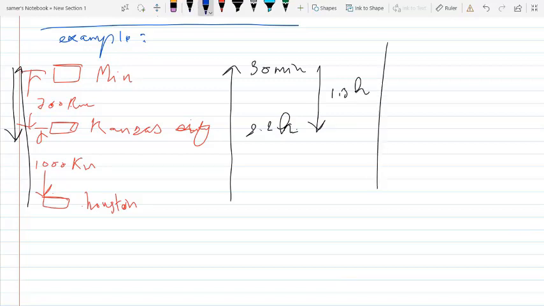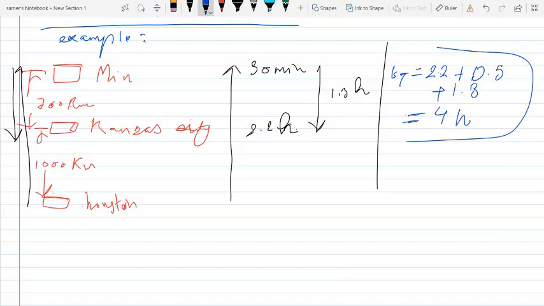So the total time is T total equals 2.2 plus 0.5 plus 1.3, and this is equal to 2.2 plus 0.5 is 2.7 plus 1.3, which is 4 hours. This is the total time.